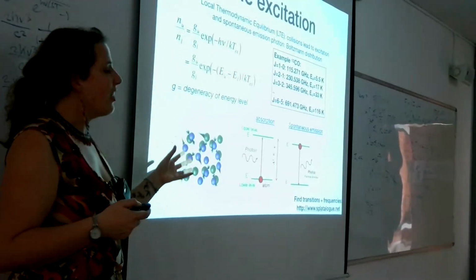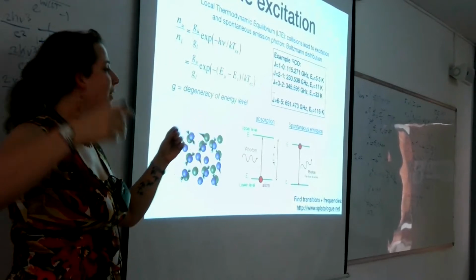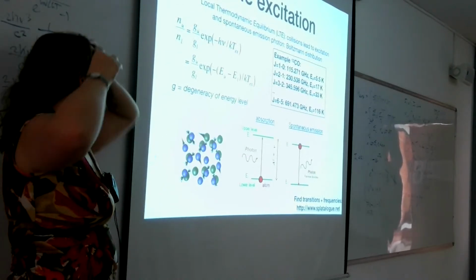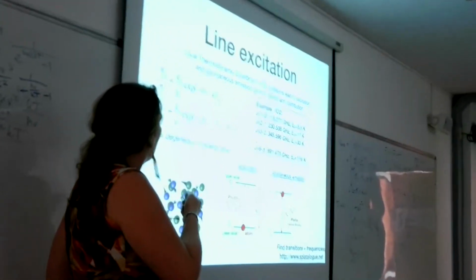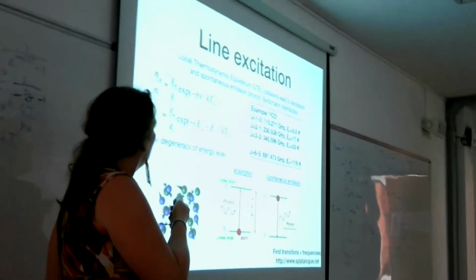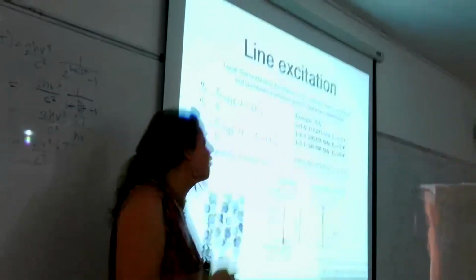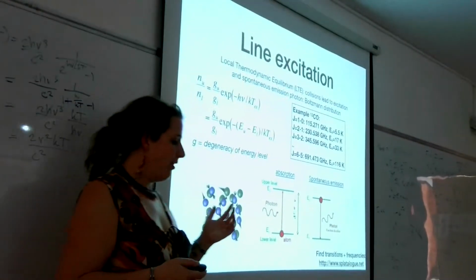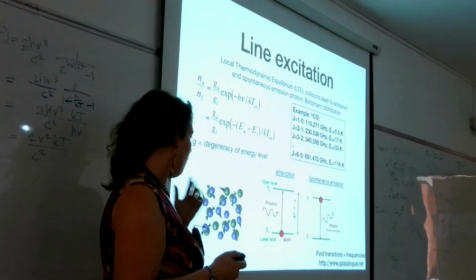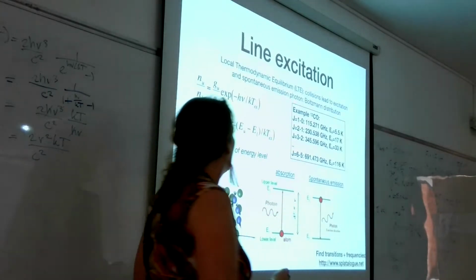That's the degeneracy of an energy level, so essentially how many possible ways there are to be in that energy level, times the exponential of minus the energy divided by the temperature. So essentially the population itself is set by the temperature.